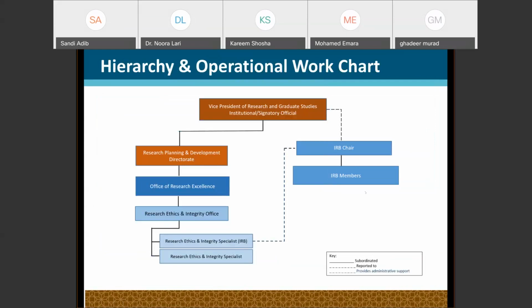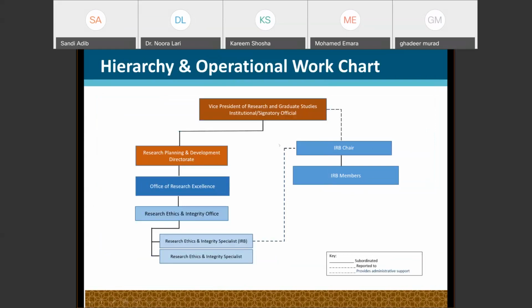The QU-IRB, represented by the IRB chair and the IRB members, reports immediately and directly to the Vice President of Research and Graduate Studies. The Vice President is the institutional official, or the signatory official, of QU.